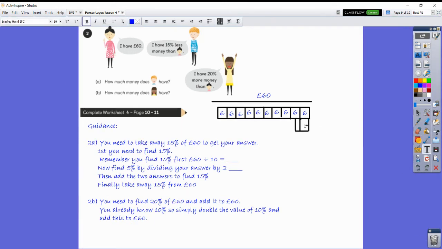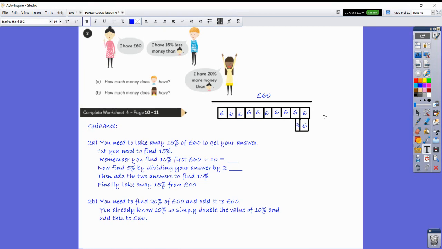So he's got £6 here to find for 10%. To find 5%, we must half 6, which is 3. That is what he's got less than the girl.